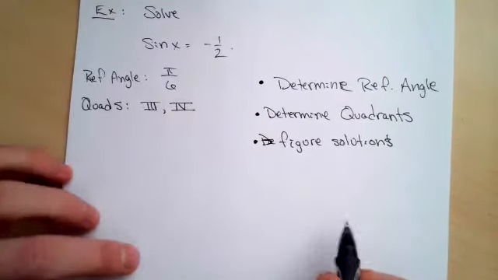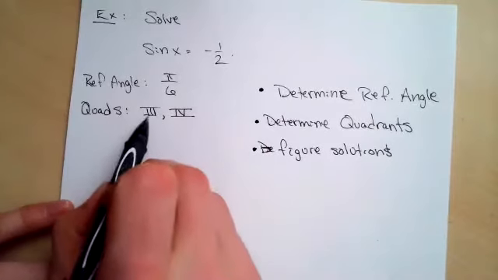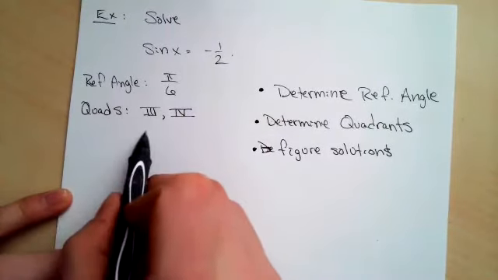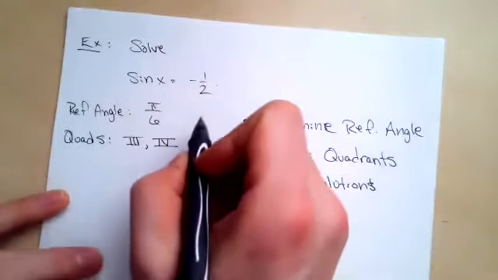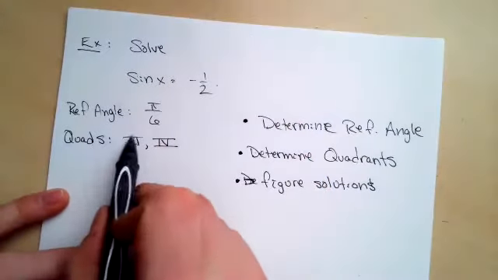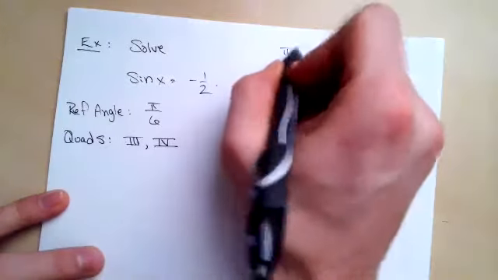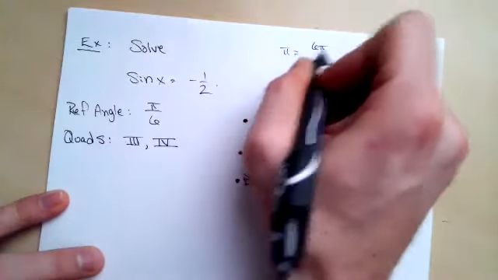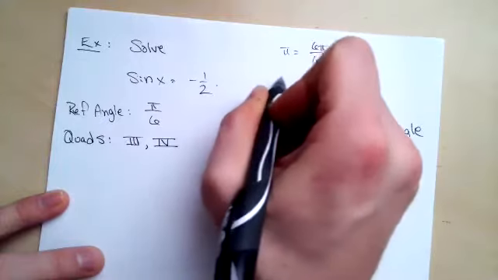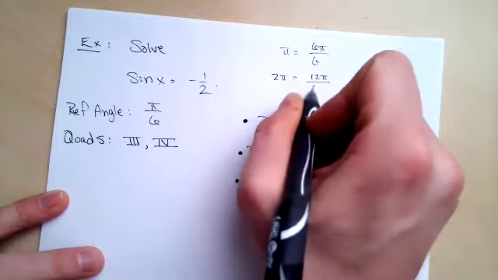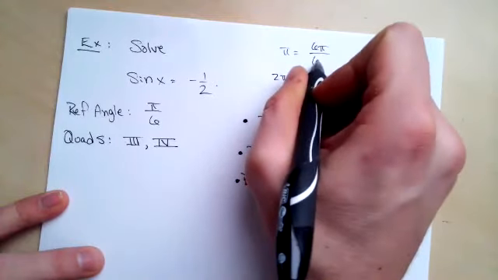This is where counting in fractions of pi might come in handy. Maybe we can write that in our notes. Since our reference angle is pi/6, the denominator is 6: pi is 6 pi/6, 2 pi is 12 pi/6. Good to keep handy.